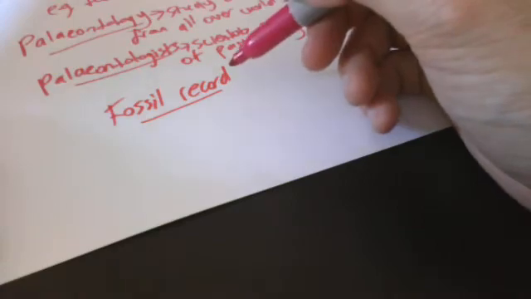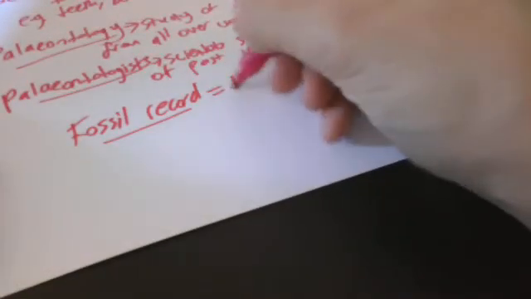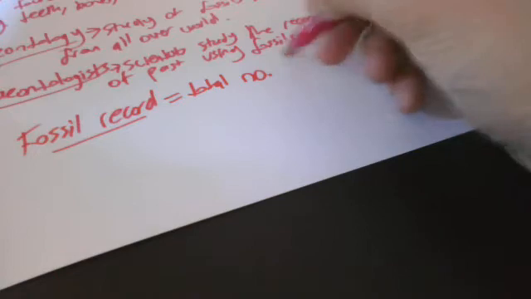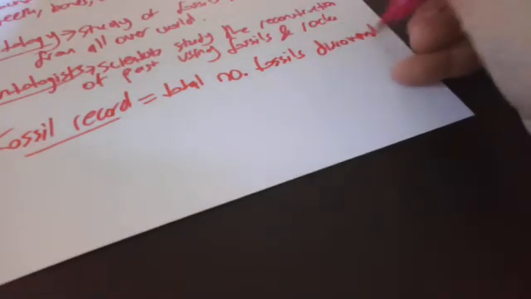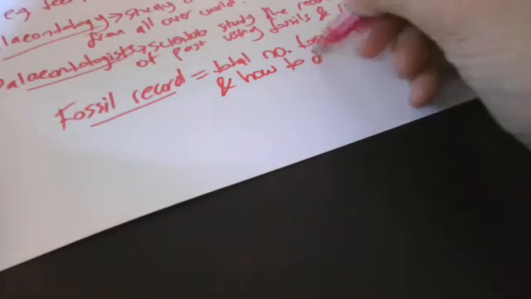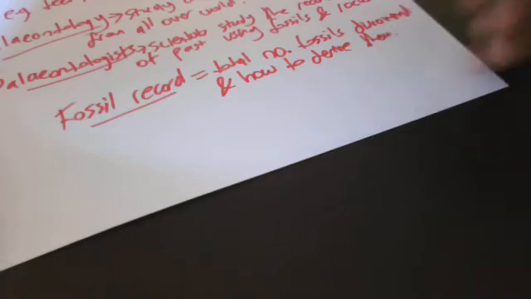And what's a fossil record? Well, a fossil record is basically the total number of fossils that have been discovered, and where to derive them, okay? And also their relative age.